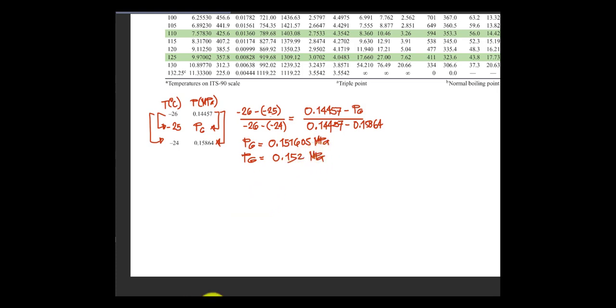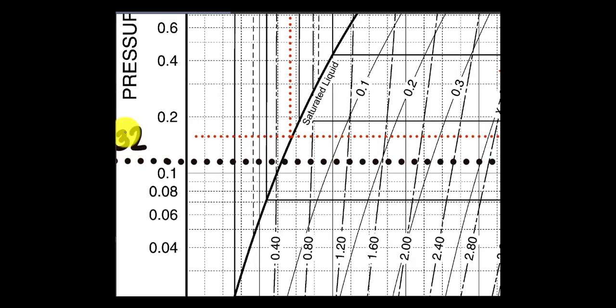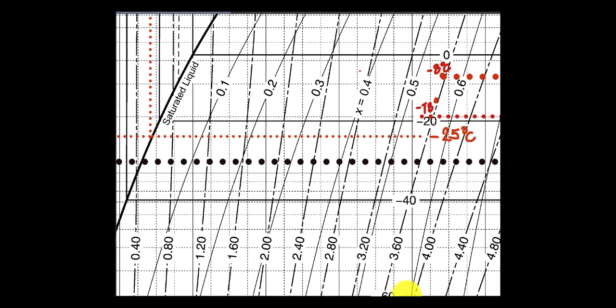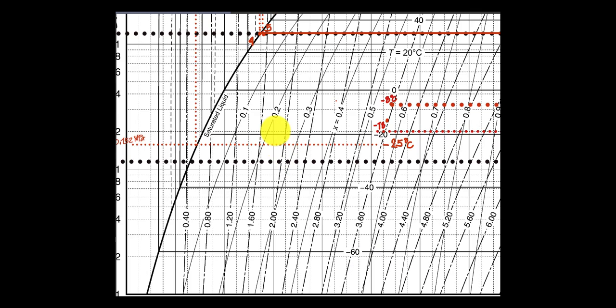Now, looking back to our pH diagram, we can write here the pressure is 0.152 MPa. The pressure intersection, no? If we're going to intersect negative 25, since we have the expansion, that will be a constant enthalpy.